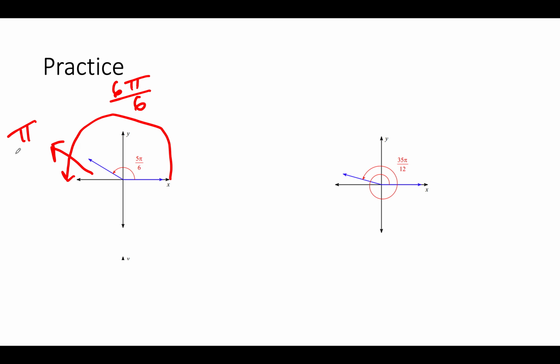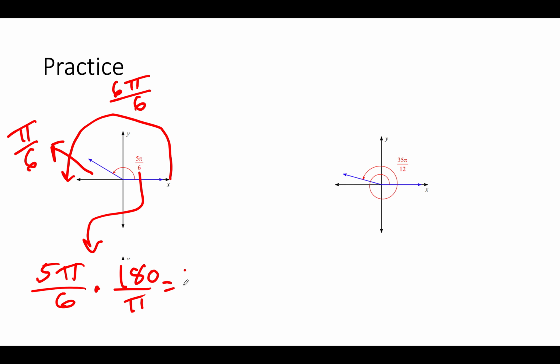I'm 1 pi over 6 short. And if you hate radians, then convert this. 5 pi over 6, get rid of radians, go to degrees, and we get 150. Since we're talking 150, you could also look at this as 30 degrees. And there's nothing wrong with doing it in degrees. Pi over 6 is 30 degrees.